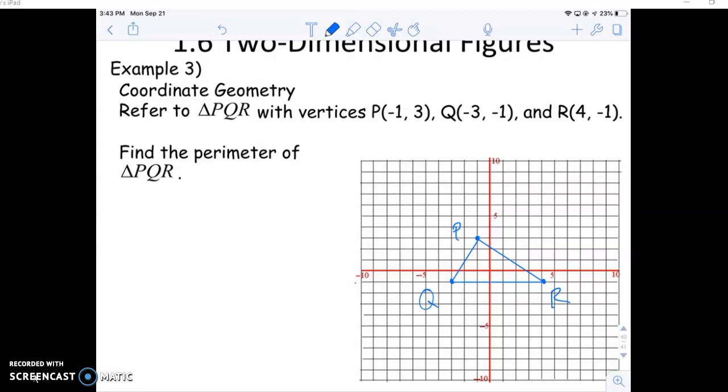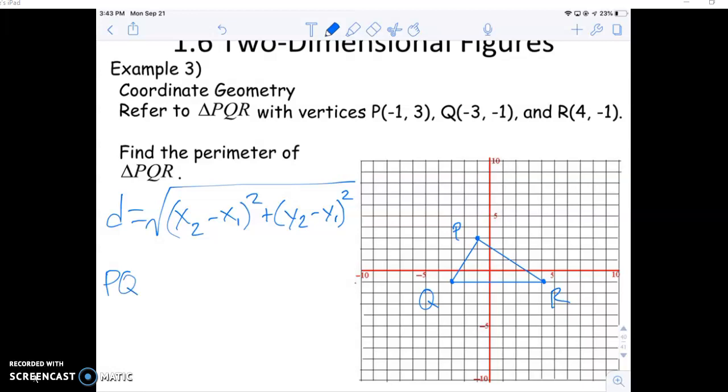So this is using the distance formula, which you learned in 1.3. If you forgot it, remember the distance formula is the square root of x2 minus x1 squared plus y2 minus y1 squared. Alright, so I'm just going to find the distance first between P and Q. So we get x2, which would be -3, minus -1, that is squared, plus y2.